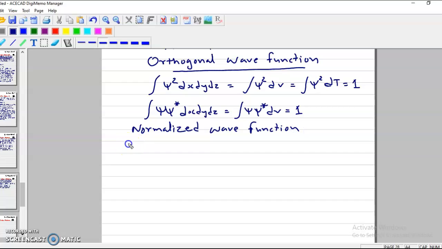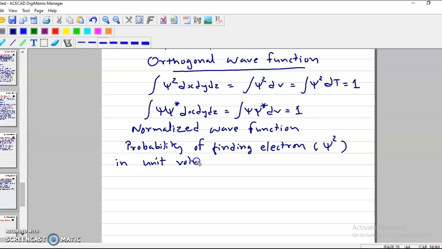It shows that the probability of finding an electron, that is psi square, in a unit volume, that is dV, is always equal in all directions, that is 1.